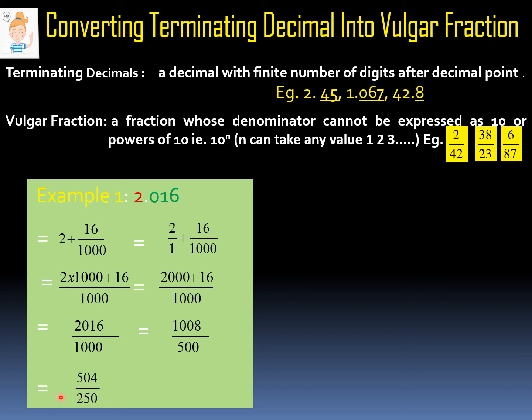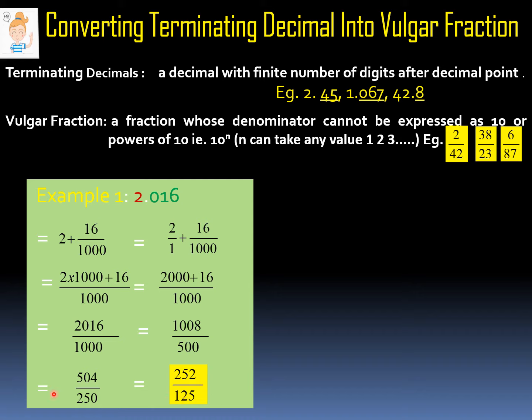It will give 504 upon 250. Again we'll divide by 2. We'll get 252 upon 125. Now this can't be reduced further because 252 and 125 will not be divided by a same number. So this is our fraction, vulgar fraction in its lowest form.